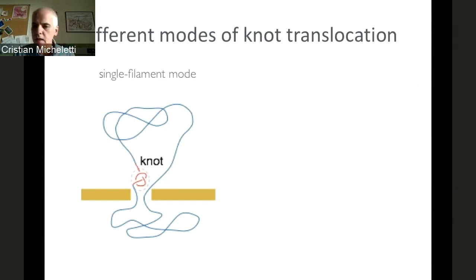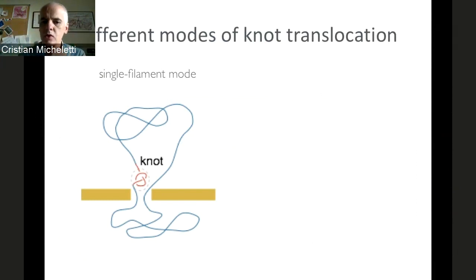Again, we had the benefit of being able to look at the picture, because we saw something that we had not expected. Meanwhile, you can try to guess yourself what explains the first set of data and the second set of data. One set of data has to do with the translocation of the knot in the way that you would intuitively imagine.